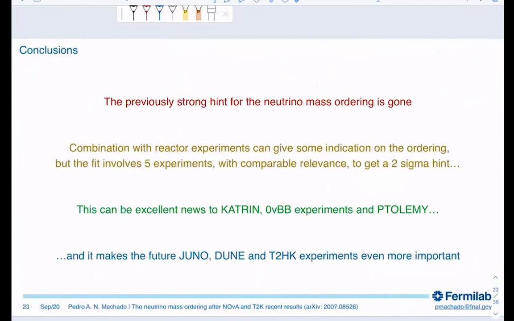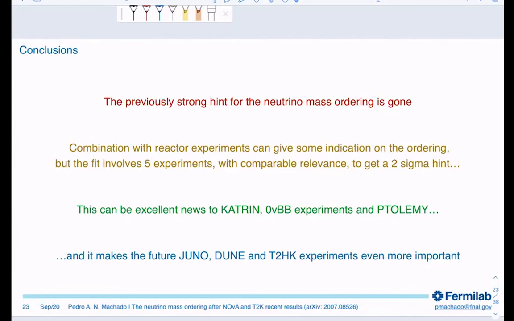So that brings me to my conclusions. Basically, I hope I convinced you that the previous strong hint for the neutrino mass ordering is completely gone. Of course, if you look at the current results from global fits, there is still some preference, more than this delta chi-square of 2 that I showed you.